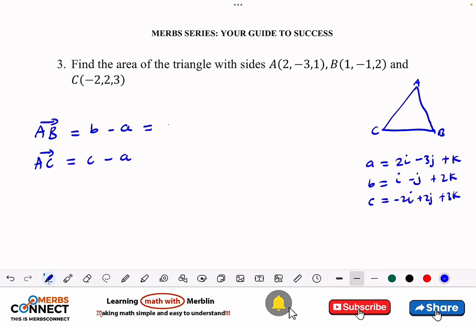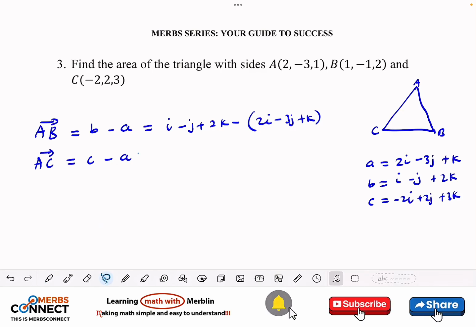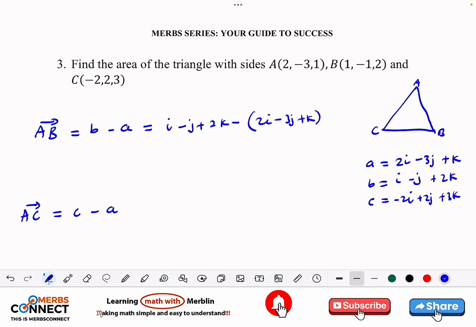So B is I minus J plus 2K minus A, which is 2I minus 3J plus K. Let's multiply through by minus and then work with it. So I minus J plus 2K minus 2I plus 3J minus K. So what are we going to get from here?